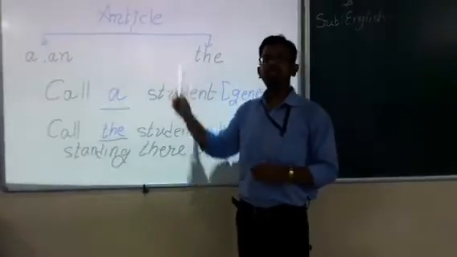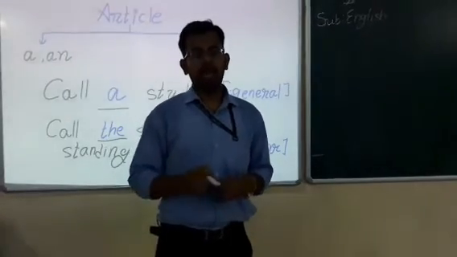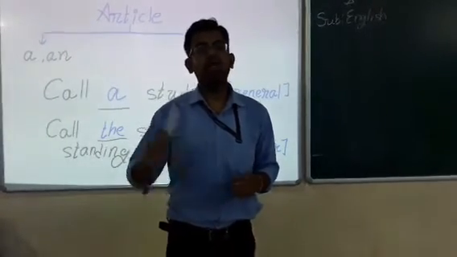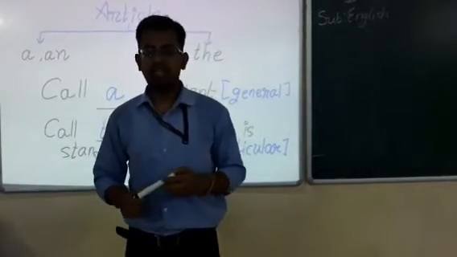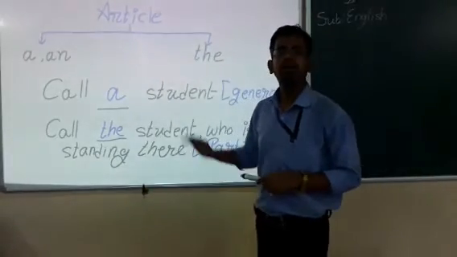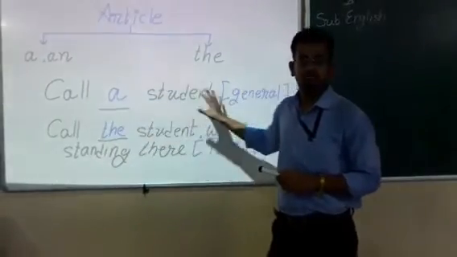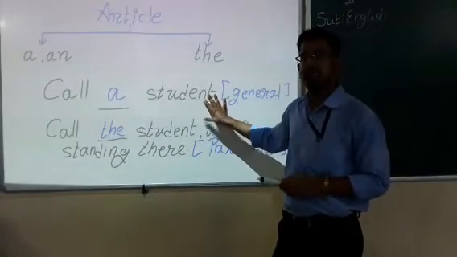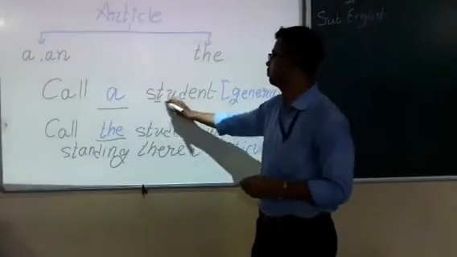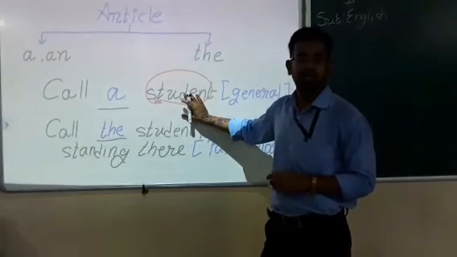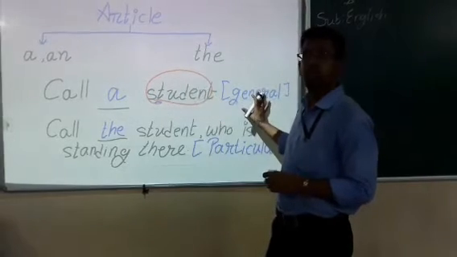So now from these examples we will try to understand why a and an are called indefinite articles and the is called the definite article. Look at the first sentence. Call a student. In this example, the word student is our noun and our noun is general.